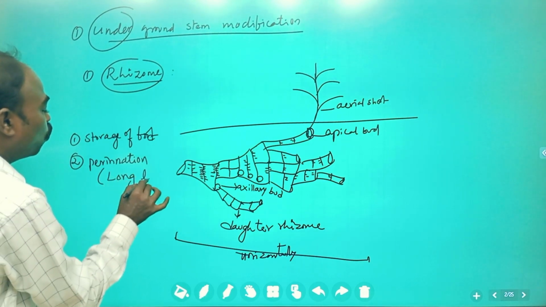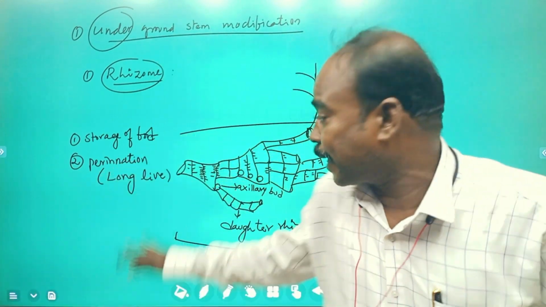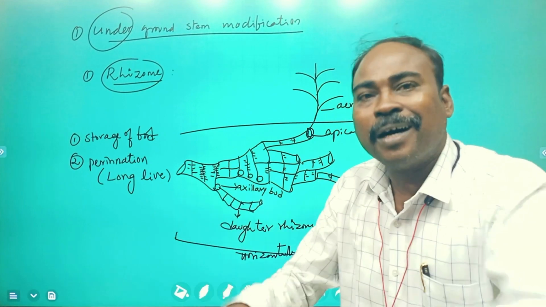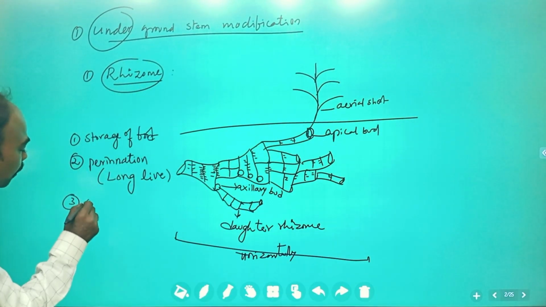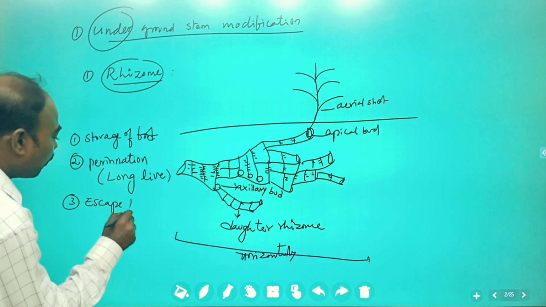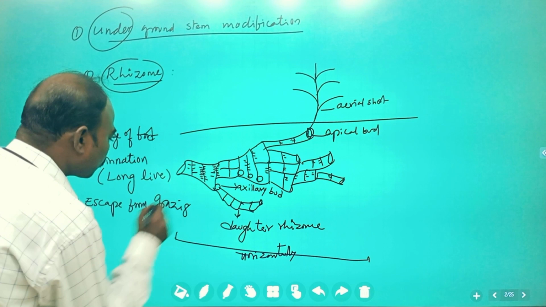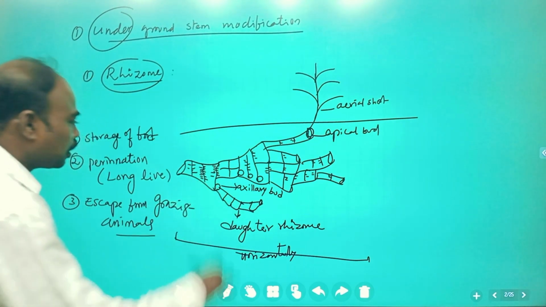Perennation means long life: more than 2, 3, 4 years they can grow and live within the soil. They also escape from grazing animals, that is herbivorous animals.